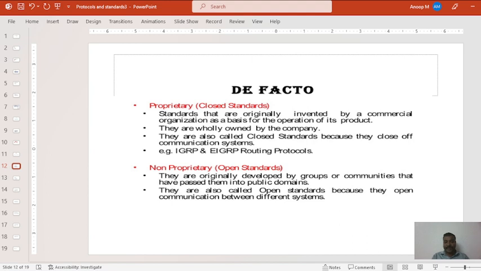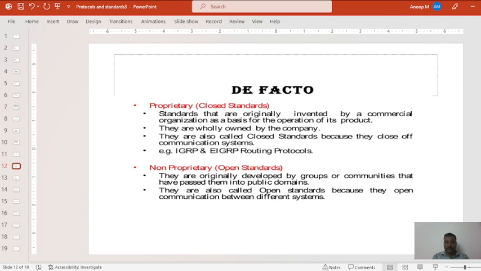A closed standard is wholly, in the sense completely, owned by a company, so they have their own standards for communication. Some of the routing protocols, like Interior Gateway Routing Protocol, IGRP, as well as Enhanced Interior Gateway Routing Protocol, are examples of closed standards.